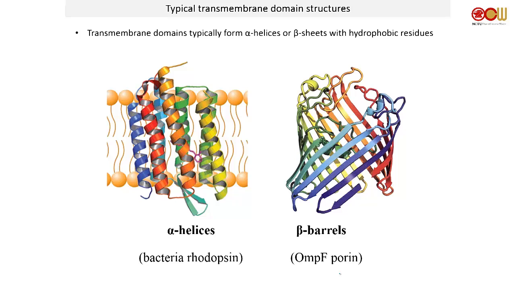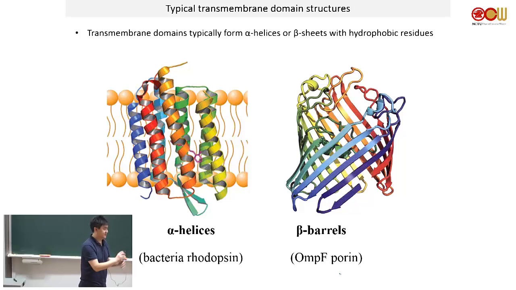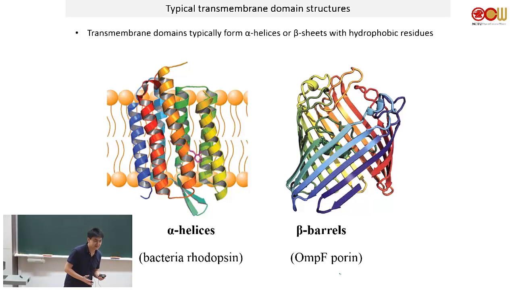Now, transmembrane proteins usually have transmembrane domains. So, unfortunately, for an introductory biochemistry class, we don't have the time to go into the different domains of proteins and enzymes, but I want you guys to just understand this general description. Proteins have domains. What are domains?